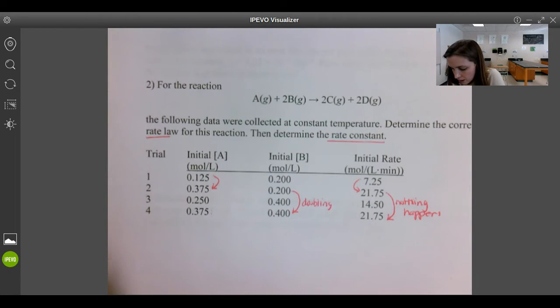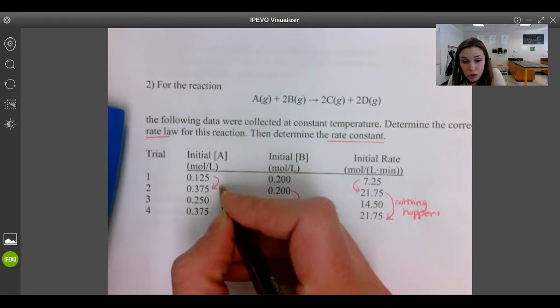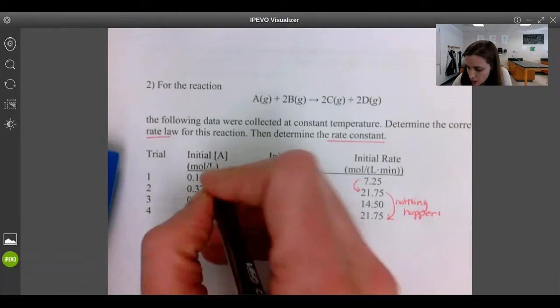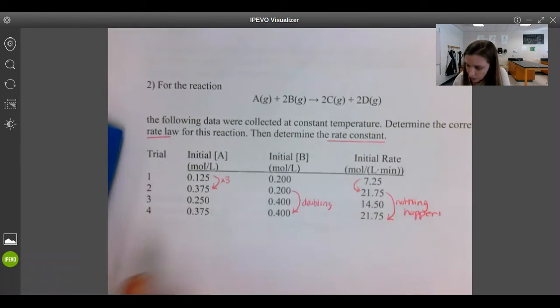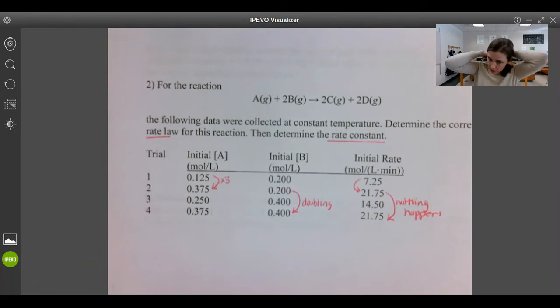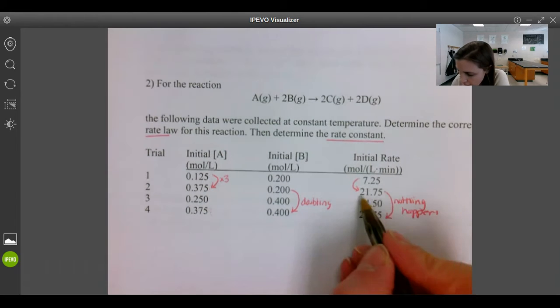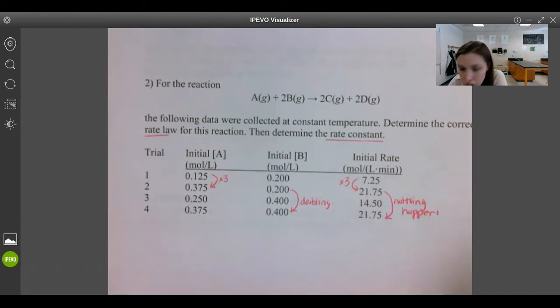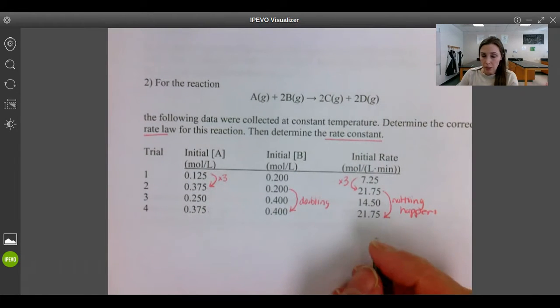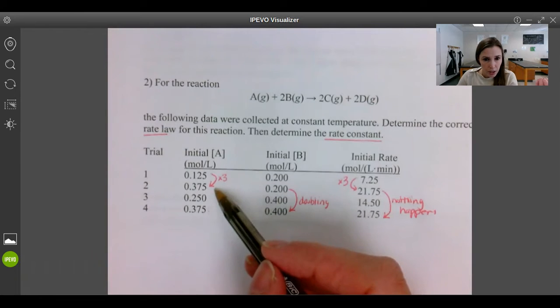So I am multiplying this by 3 when I go across from there. So this is changing by, not a power of 3, I shouldn't say that, but I'm multiplying it by 3, and when I look at the rate, the 7.25 times 3, I get the same thing. So they're changing by the same factor. Even though I wasn't talking about doubling it, I'm talking about really tripling the concentration.